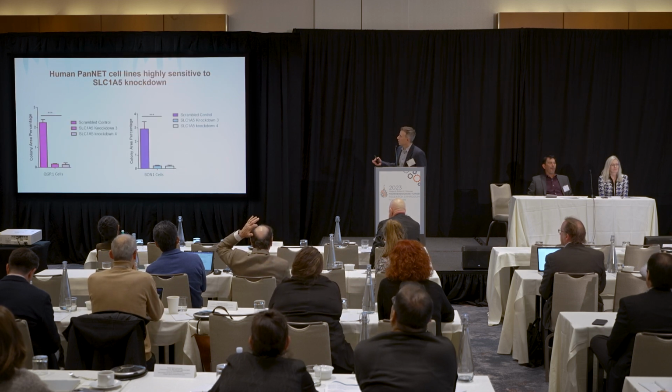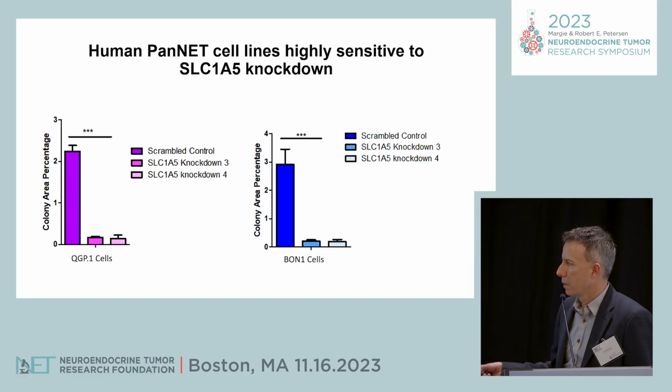And human PanNET cell lines are very sensitive. We basically confirm the data of the dependency map that if you use CRISPR to knock down SLC1A5 in QGP1 or BON1 cells and do colony forming assays, they do not grow well at all.